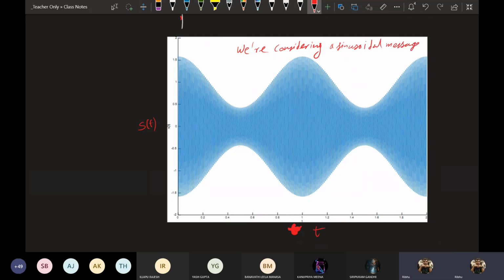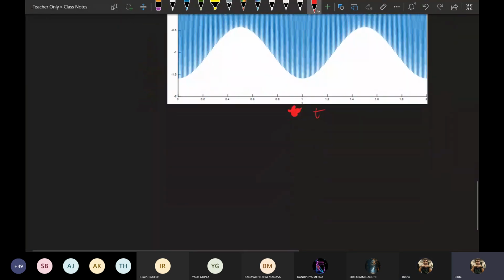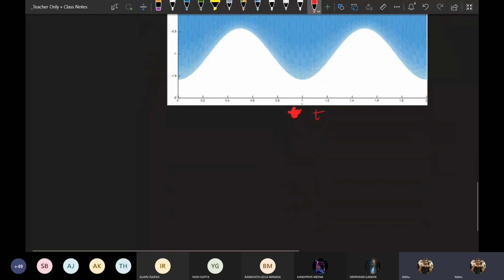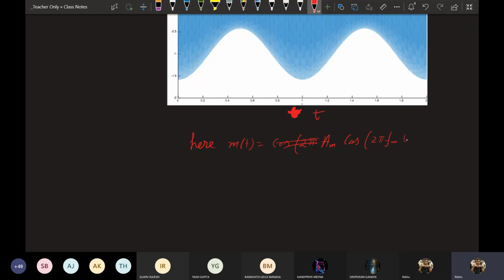message signal, that is, here, m(t) equals Am cos 2 pi f_m t, right?